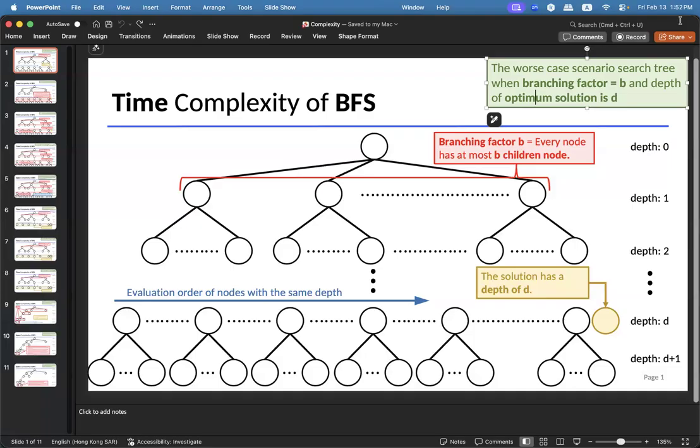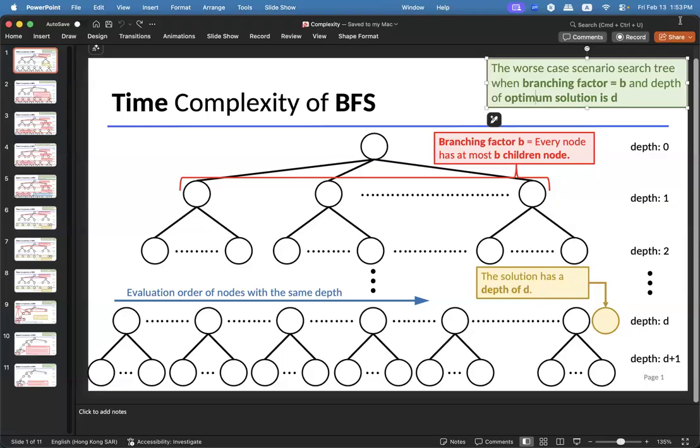After taking this assumption, we know that the worst case scenario of conducting the search will be that the solution or the goal state has a depth of D, and the goal state is at the most right-hand corner of the search tree, and other nodes with a depth of D have already been expanded. The last node of depth D being expanded is the goal state.